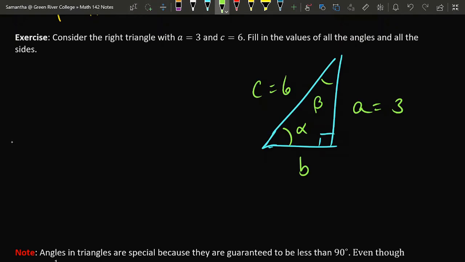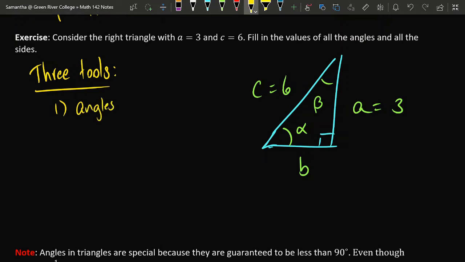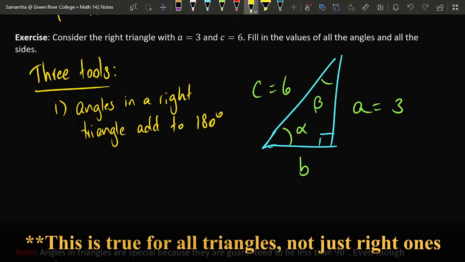Now, there are generally speaking 3 tools at our disposal when we're working with right triangles. The first of which is the rule that says that the angles in a right triangle add up to 180 degrees.